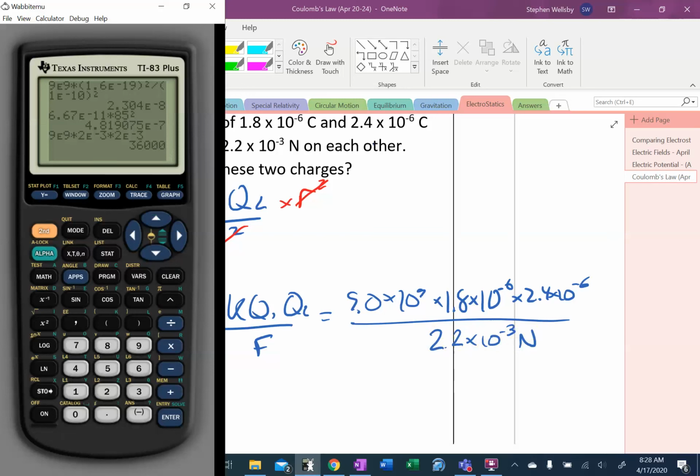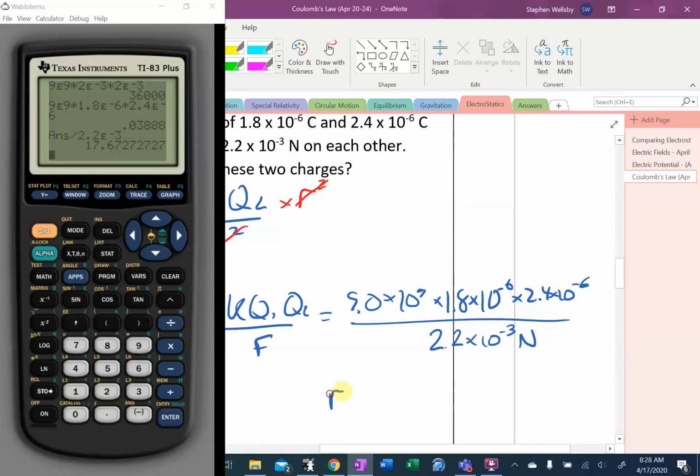And our answer for that is 9 times 10 to the 9 multiplied by 1.8 times 10 to the minus 6 multiplied by 2.4 times 10 to the minus 6, and divide that by 2.2 times 10 to the minus 3. And this gives us 17.67.